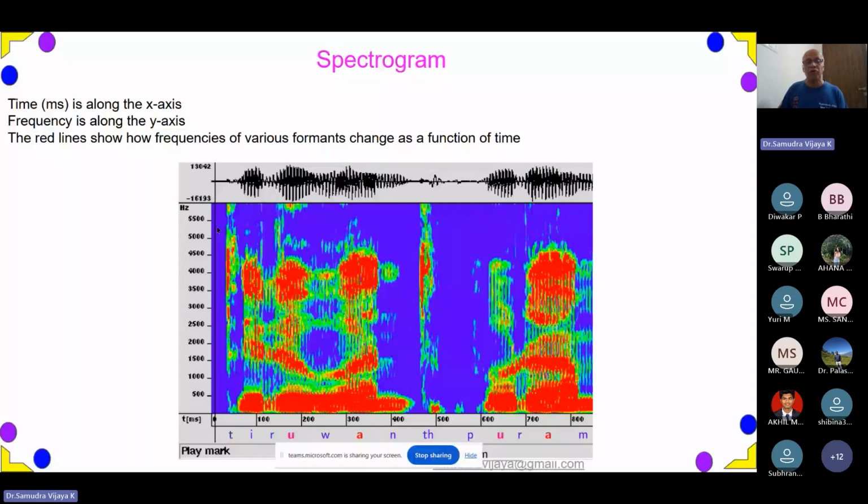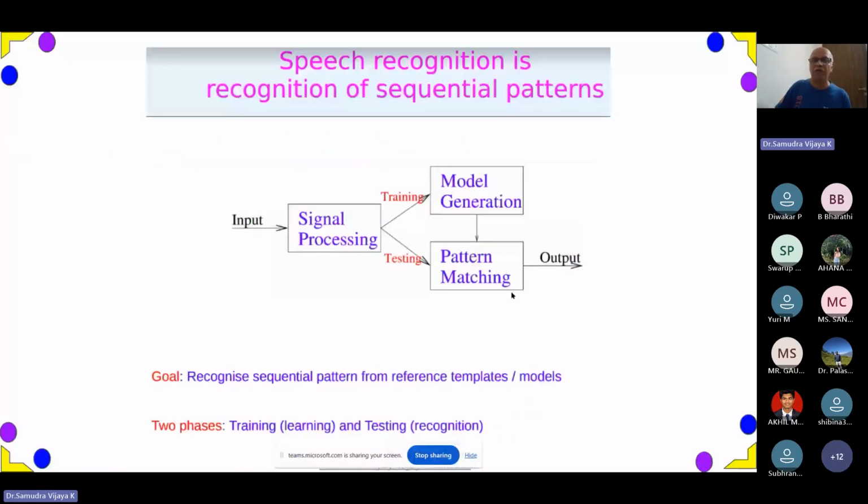So you see that vowel U here and vowel A here seem different. R does not have energy here. So different sounds are characterized by high energy at different frequencies, and this can be used to train a model for the speech sounds and recognize them.